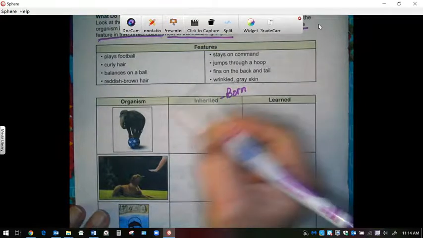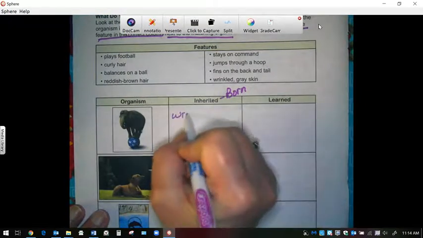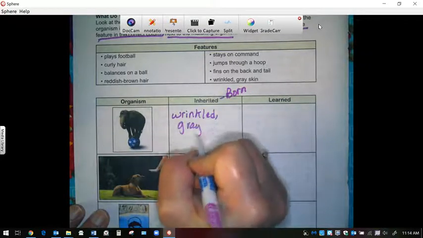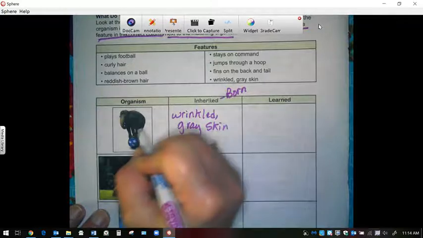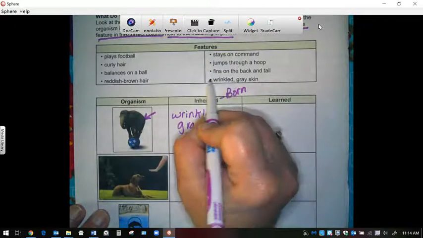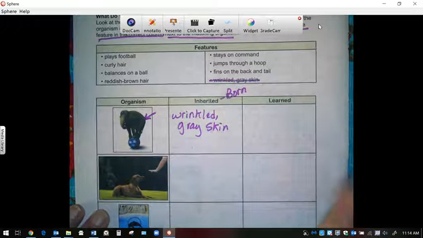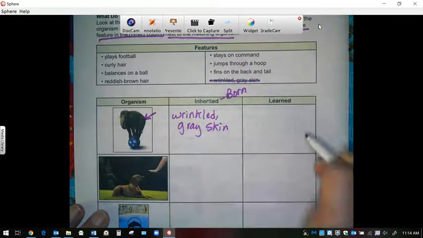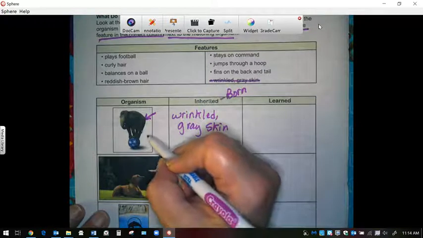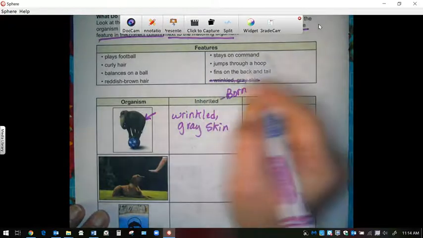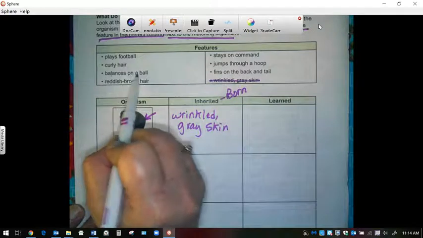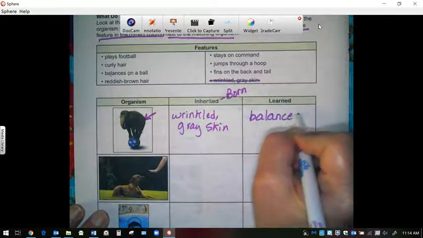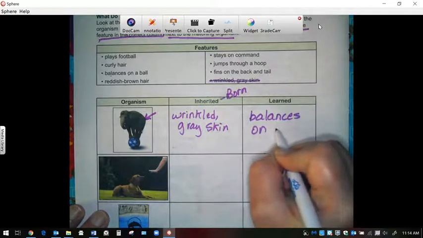I am going to write wrinkled gray skin because an elephant is born with wrinkled gray skin. What is something on the photo that it shows this elephant has learned? It has learned how to balance, right here, balances on a ball. So I'm going to put that it learned how to balance on a ball.